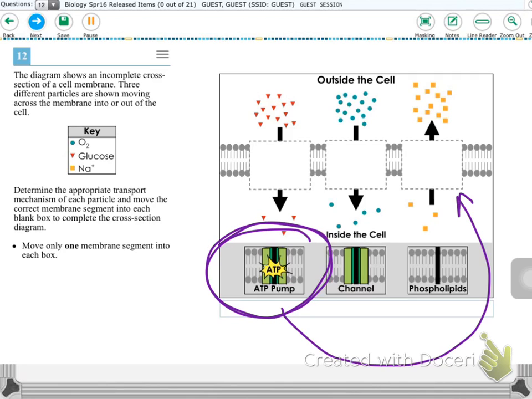You've got a sodium pump that's pumping sodium out of the cell from an area of low concentration to high concentration. You have a dedicated channel that's going to move something from outside the cell to inside the cell from an area of high concentration to low concentration.